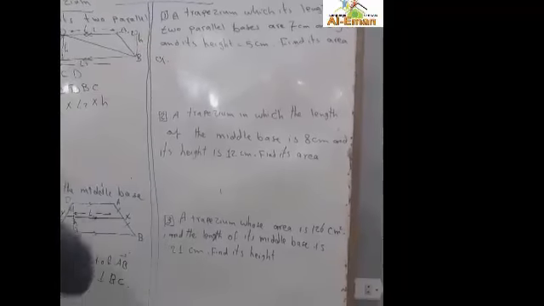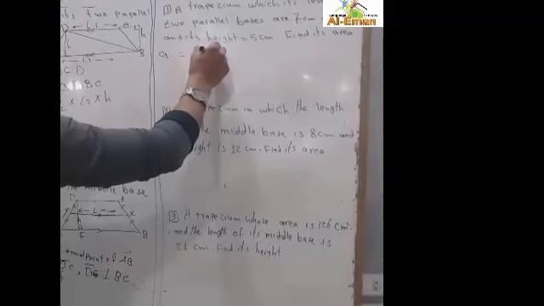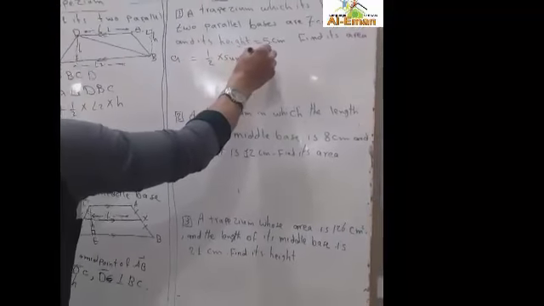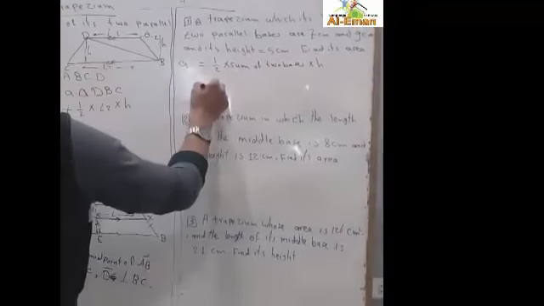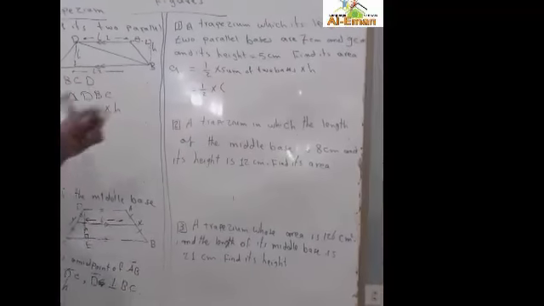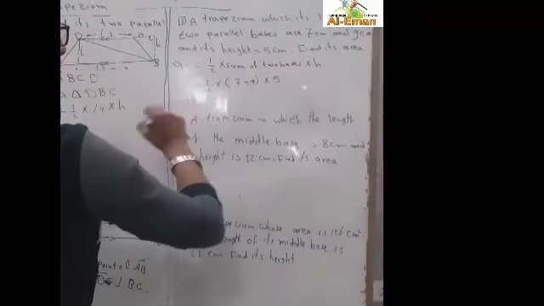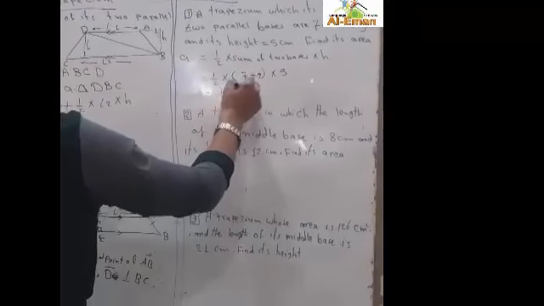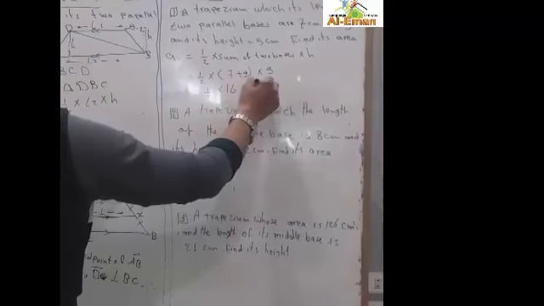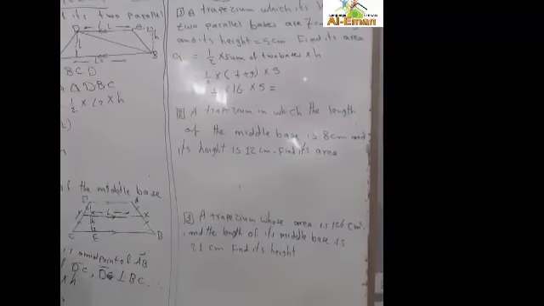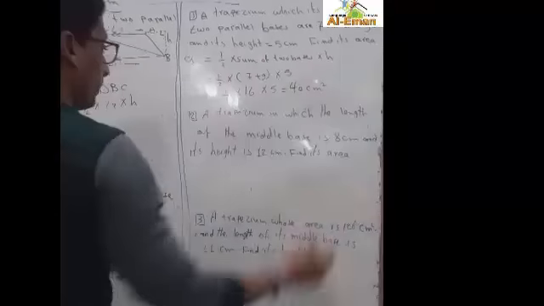The area of the trapezium equals half times the sum of the two bases times the height, which equals half times 7 plus 9 times 5. Half times 16 equals 8, and 8 times 5 equals 40 centimeter square.